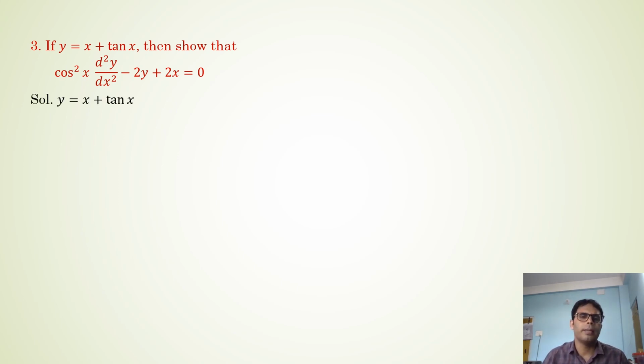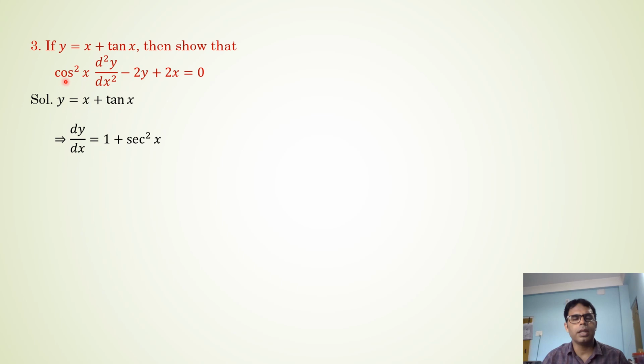So first of all, I am writing the given expression, that is y is equal to x plus tan x. And after that you just take the differentiation. So dy/dx is equal to, x differentiation with respect to x is 1, you know that one, then plus tan x differentiation is sec square x.